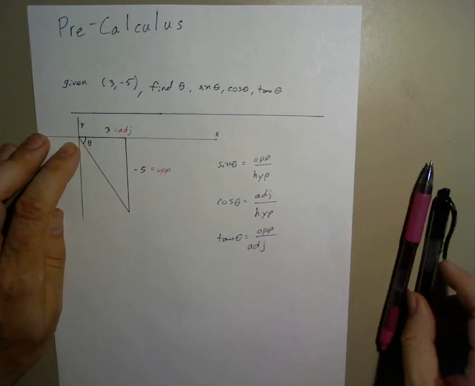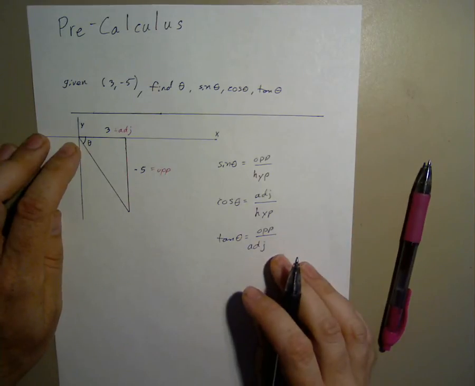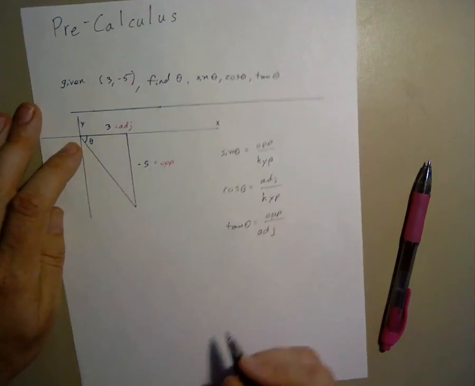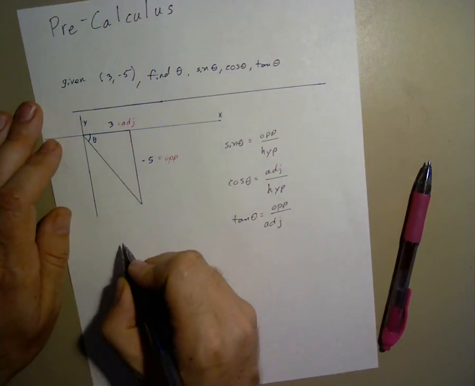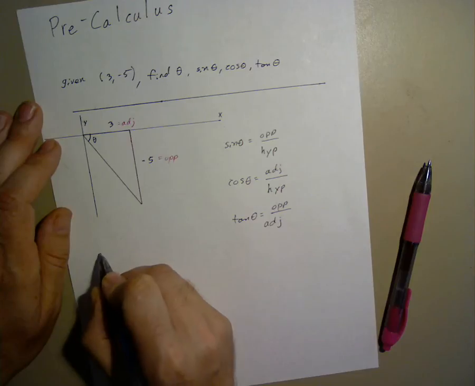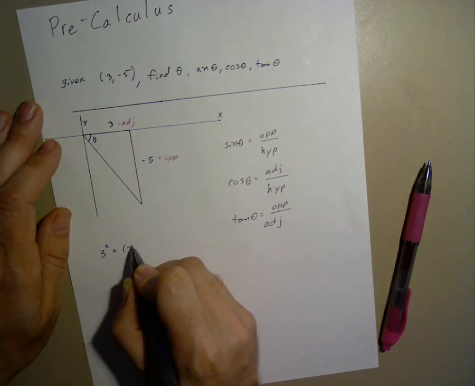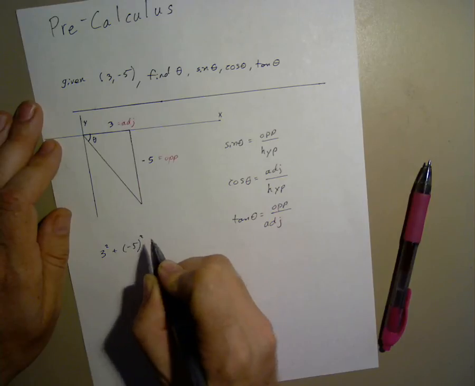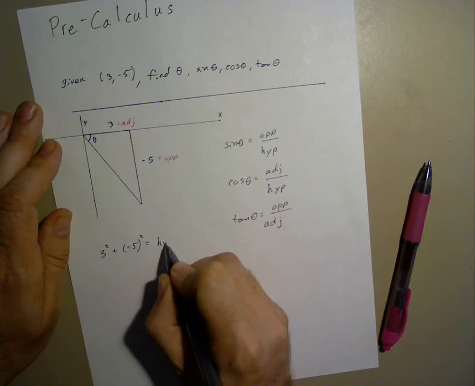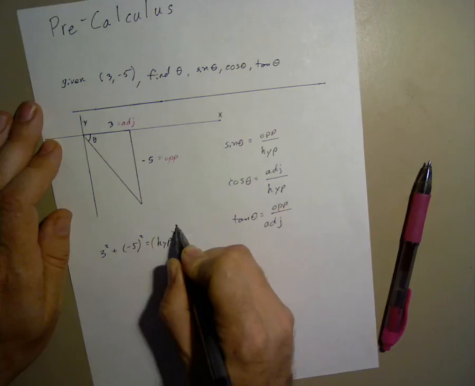To solve for that, we can use the Pythagorean theorem. The Pythagorean theorem says that 3 squared plus -5 squared equals the hypotenuse squared.